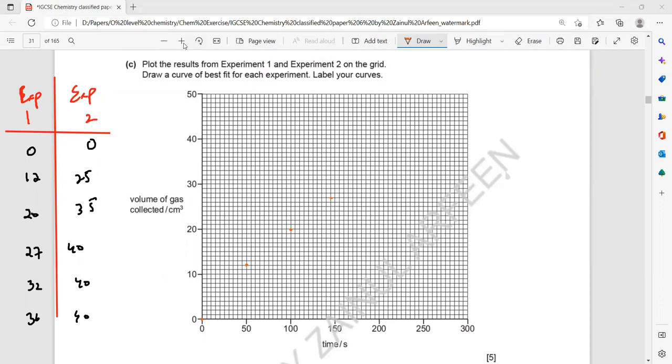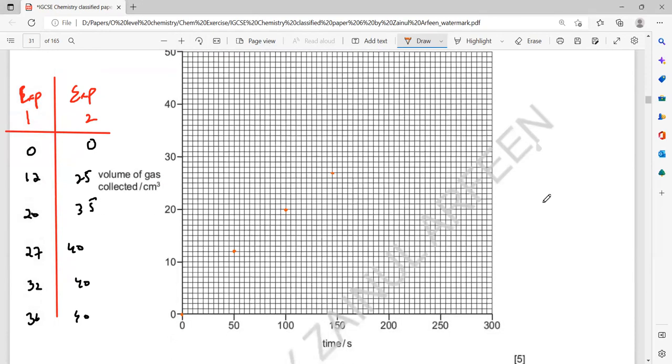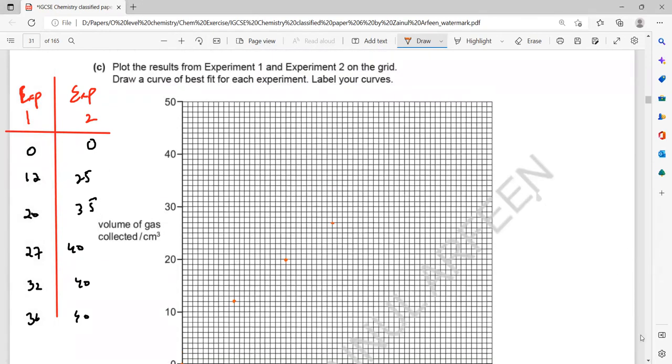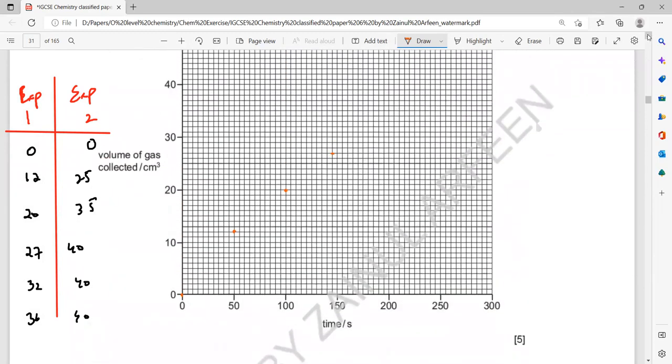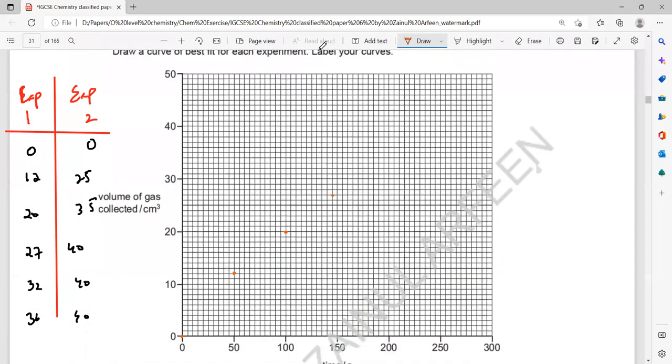I'll just zoom in. The points won't change as I marked them initially. Then it was 230.